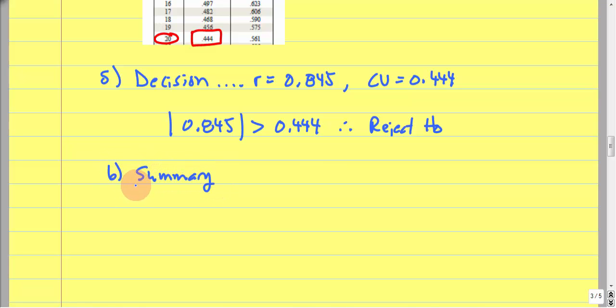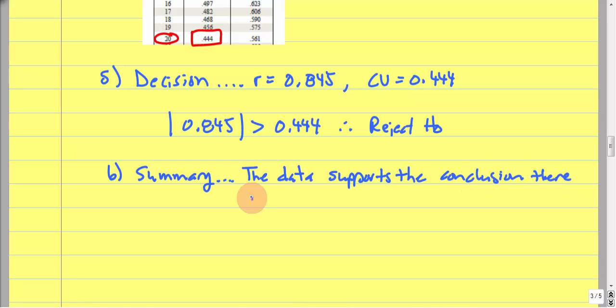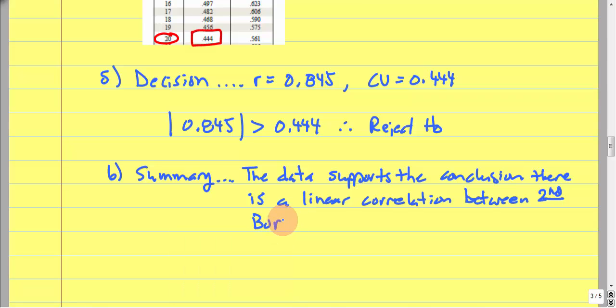So my summary: the data supports the conclusion. There is a linear correlation, it has to be linear, between second-born IQ and firstborn IQ.